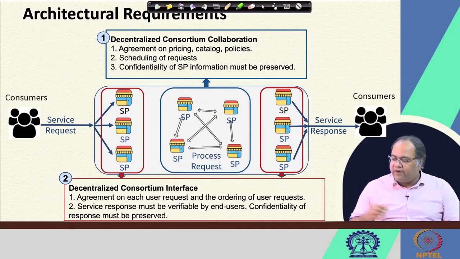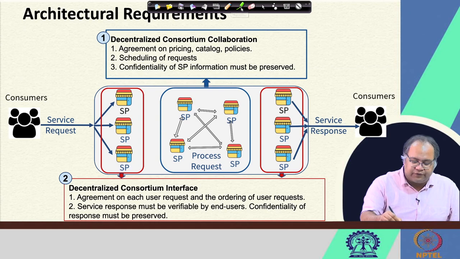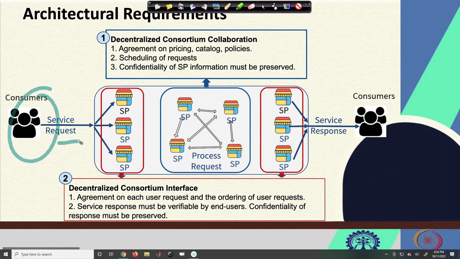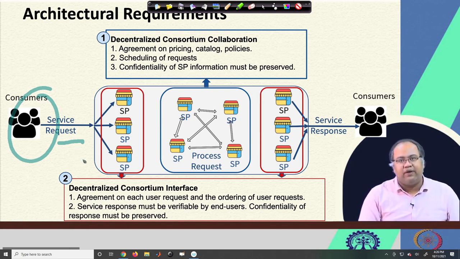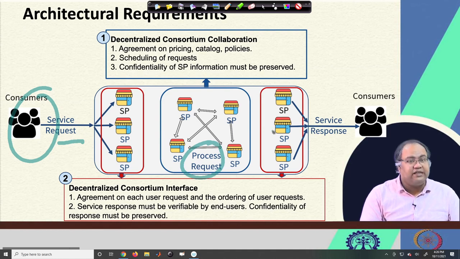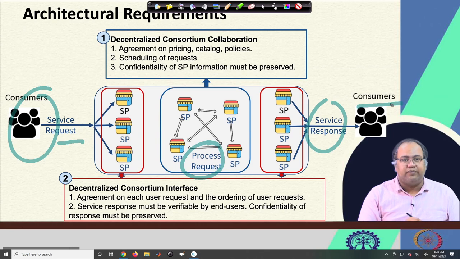Now, these are the kind of architectural requirements that we have. So we have these consumers generating the service request, and that service request is going to the service provider. The service providers, in a decentralized way, process the request and finally generate the response, and this response needs to be sent back to the consumers. Now in this case, we need to have two different requirements.